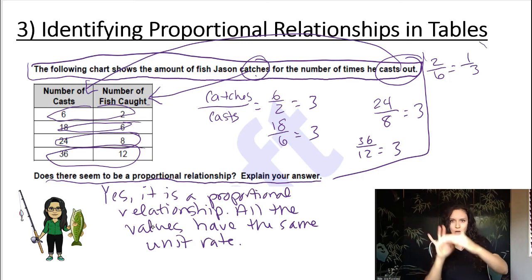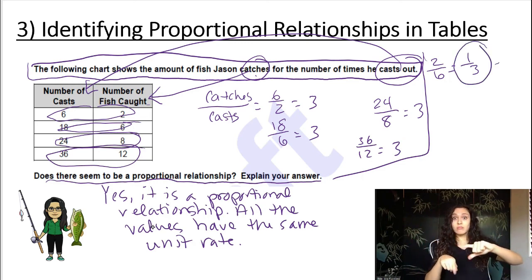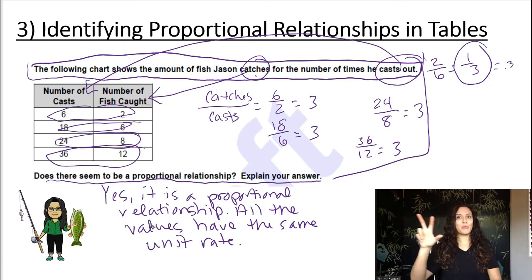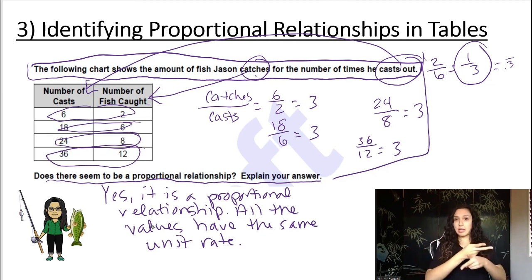I prefer for you to keep it in fraction form, but if you want to do the long division, you'll realize that it is 0.333 repeating. As long as it's 0.33 repeating for each one, that works. So you can do the fraction and stop there, or do the full long division, and your answer will still have the same value.